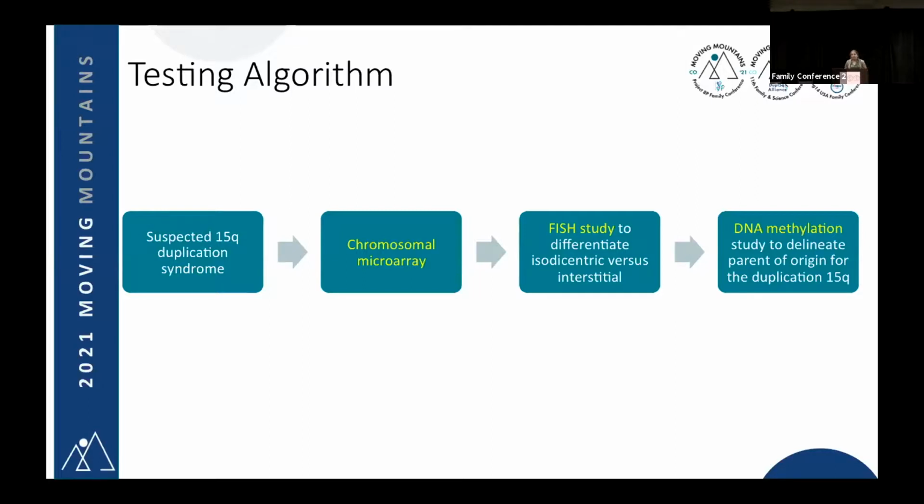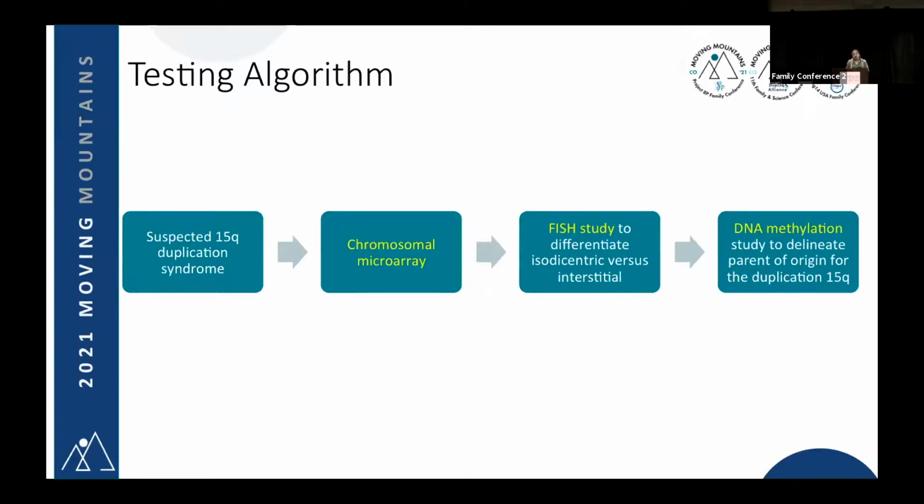If it comes back that there's an extra part of chromosome 15, then there's a little bit more work we need to do, both to determine structure and also to determine parent of origin. And so we recommend looking at the chromosomes and doing those FISH studies as a next step to understand structurally where those extra pieces are. And then finally, we can do DNA methylation to understand parent of origin.